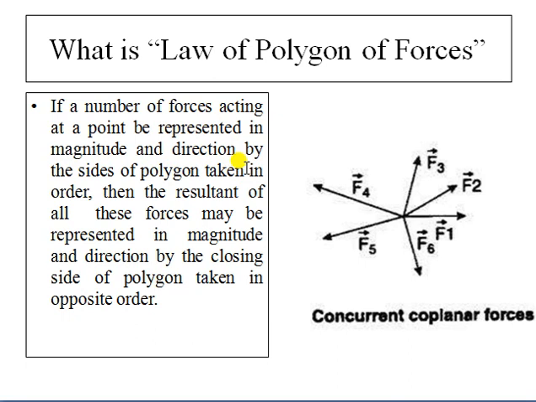F1, F2, F3, F4, F5 are known to us, and the direction of all the forces is also known to us by the sides of the polygon. Now we have tried to make a polygon by continuously adding force one after the other. Then the resultant of all these forces may be represented in magnitude and direction by the closing side of the polygon taken in the opposite order.